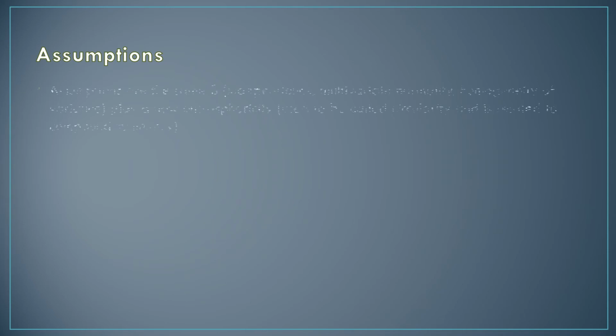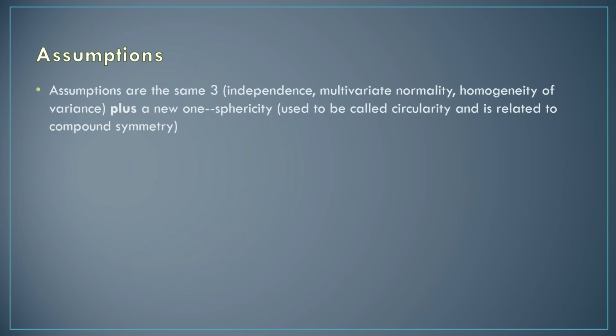So the assumptions for a within subjects design are the same three as with the between subjects designs. So independence, multivariate normality, and homogeneity of variance, all of which are particularly focused on the error or the residual term that is part of your model.